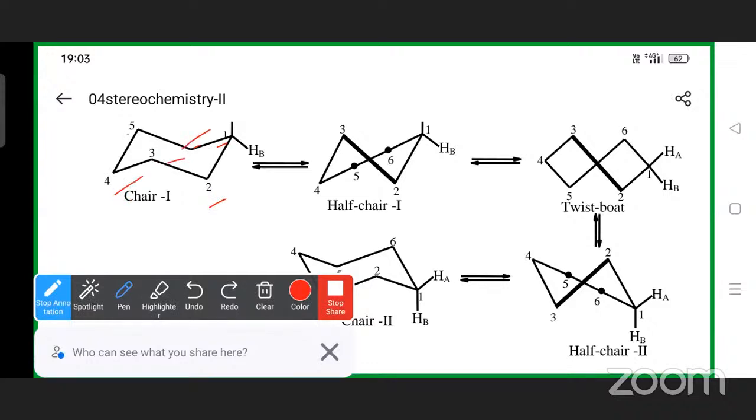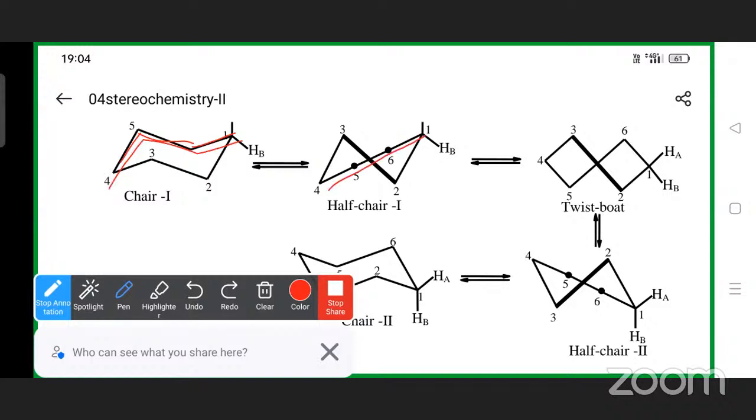So in this half chair, these carbons C1, C6, C5 and C4 come on the same plane here.